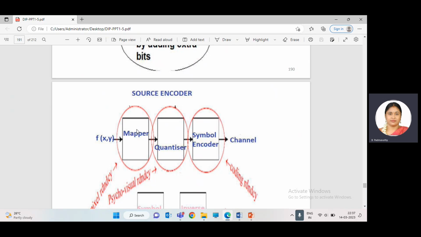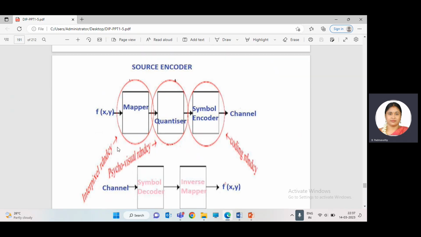The operation is reversible in terms of the decoding process. So first, interpixel redundancy is reduced, in the quantizer the psychovisual redundancy is reduced, and in the symbol encoder the coding redundancy is reduced.